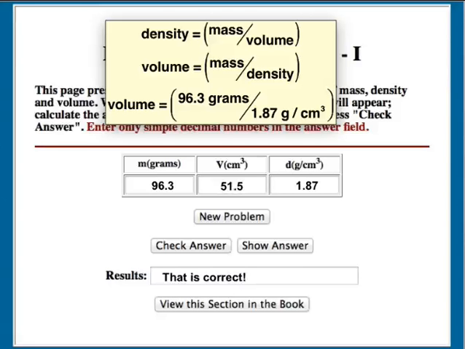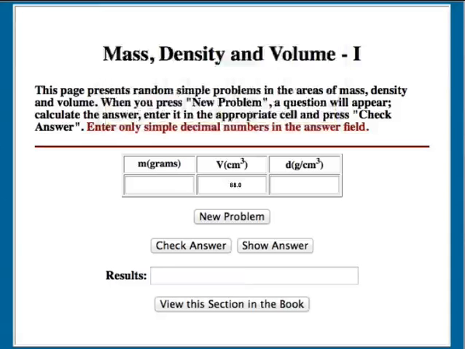Well, let's do another. Here we're given a volume and a density, need to calculate the mass. Do it the same way. Start off with density as mass divided by volume, solve for mass, and plug in.